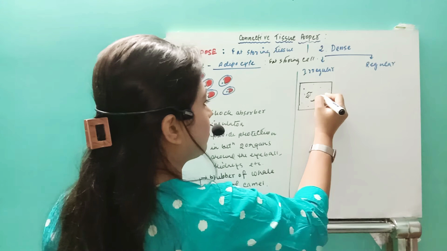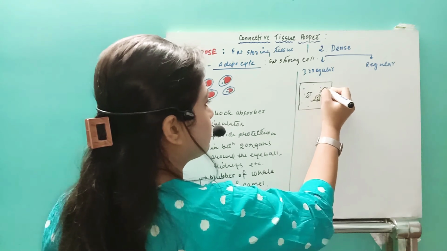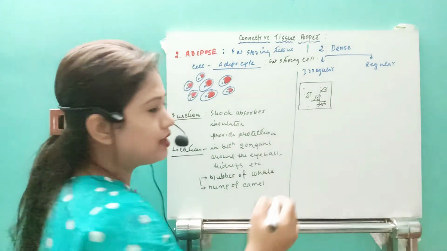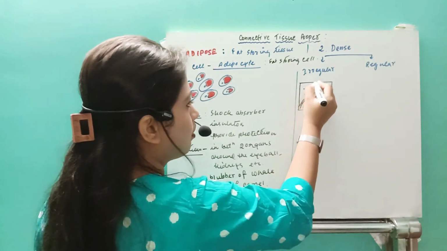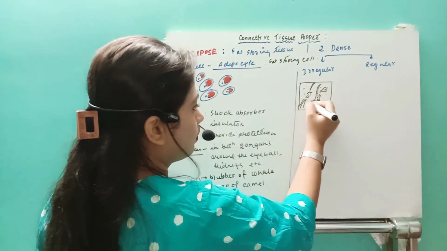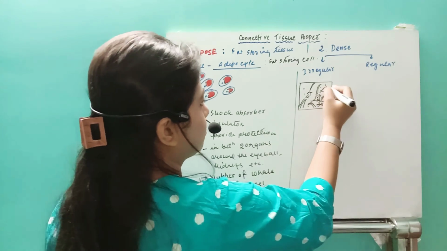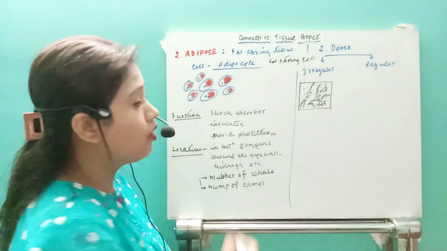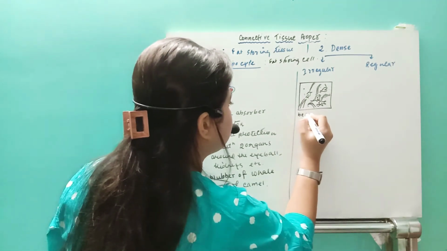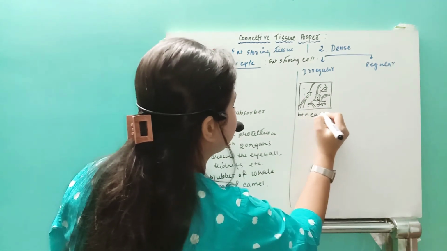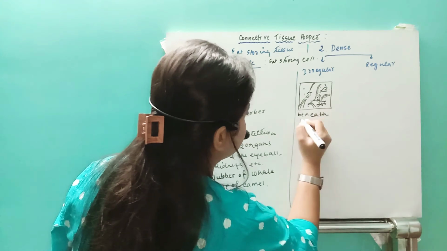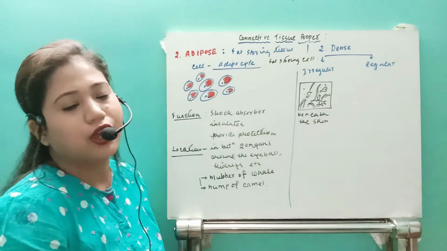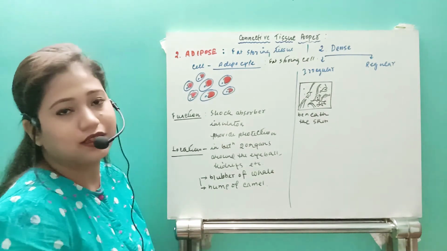And this fibroblast will secrete the fiber, and that fiber will be irregularly present, like this. So this is known as a dense irregular type of tissue, which is present beneath the skin. It is basically found beneath the skin. Right? So this is known as the irregular type of dense connective tissue.